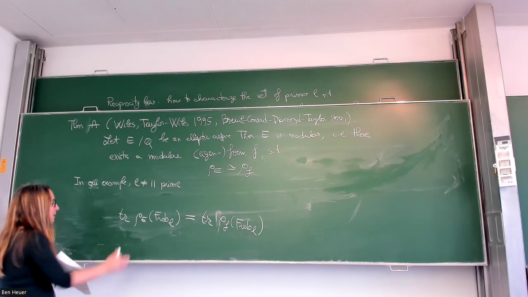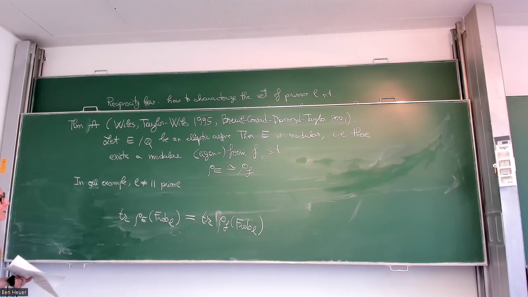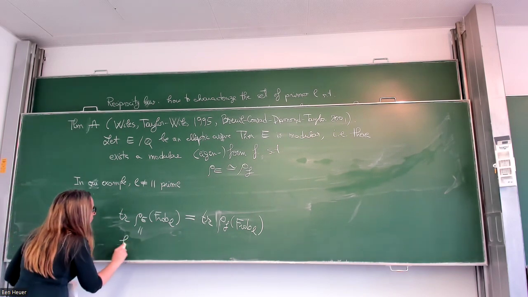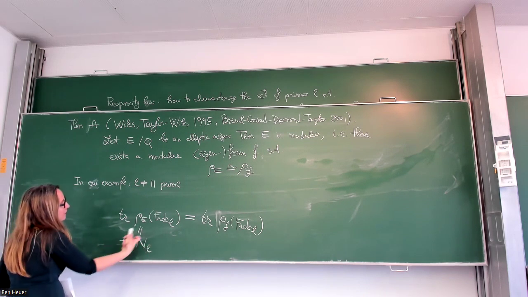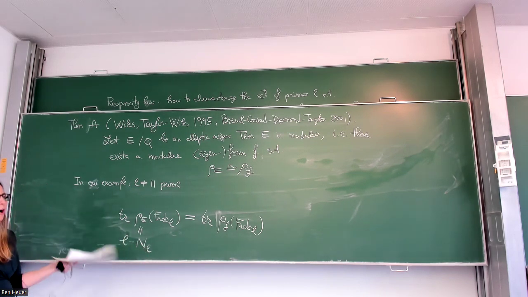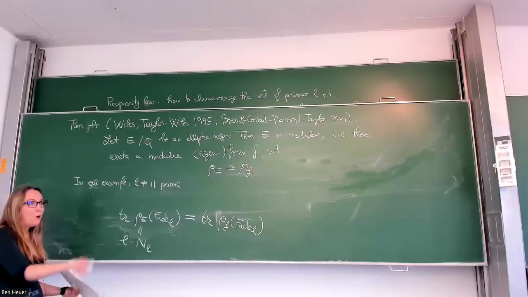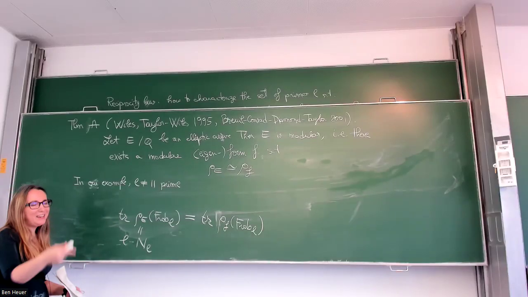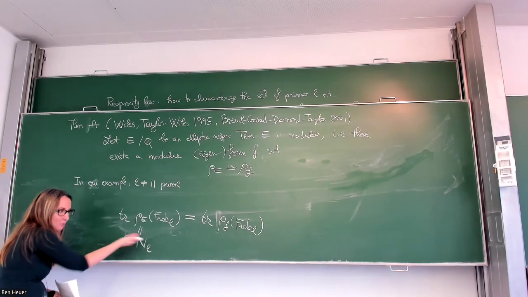It turns out that the trace is essentially computed with a kind of point counting formula. So this is equal to l minus N_l. So it's l minus the number of solutions to our cubic equation mod l. I mean, I should really write here l plus 1 minus N_l minus 1, because I should keep track of the point at infinity. But in the end, this is what you get.